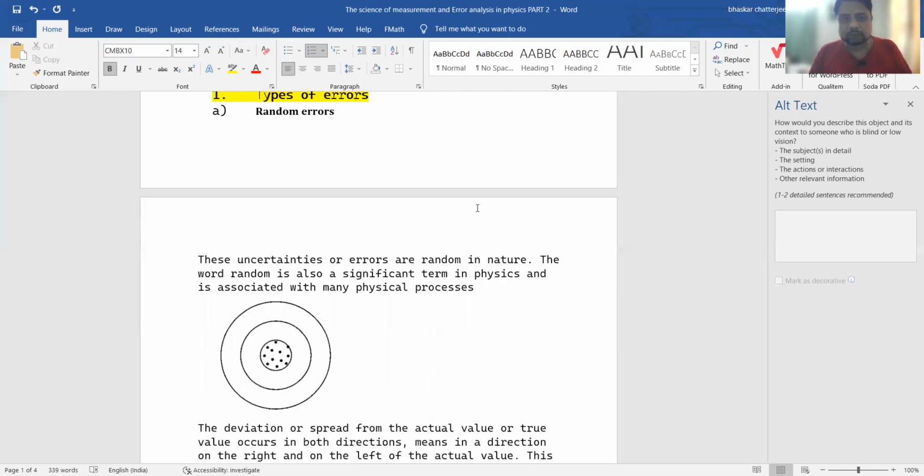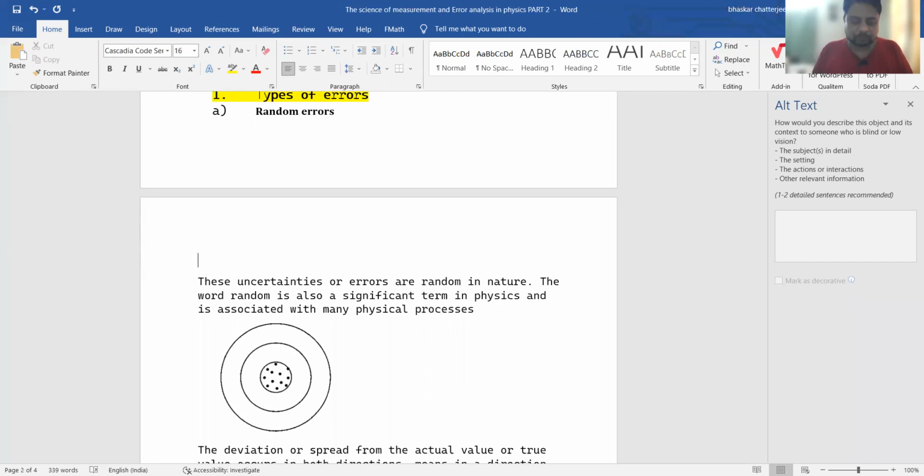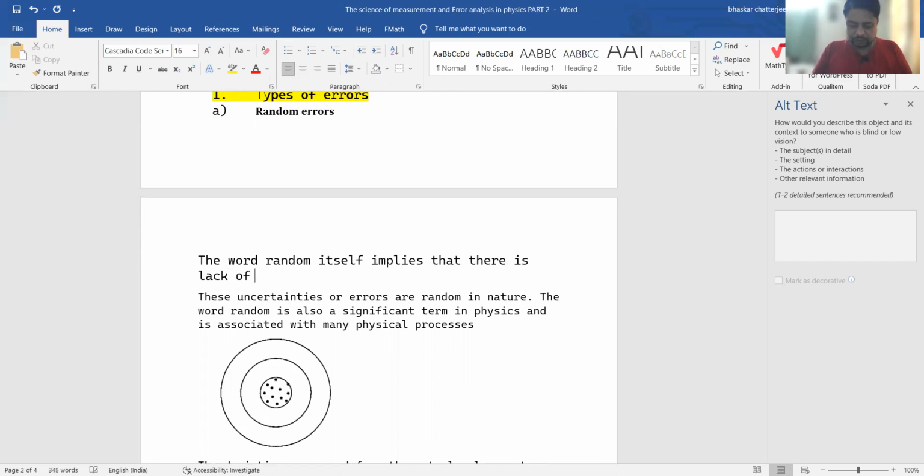The word random itself implies there is a lack of surety, lack of confidence, or lack of exactness. We are not sure about what we are reporting. So random means going in a zigzag way, not a defined direction. There is no defined definition of that process.